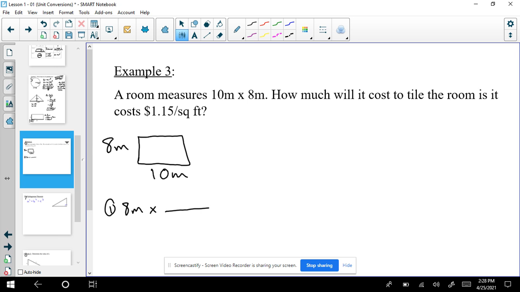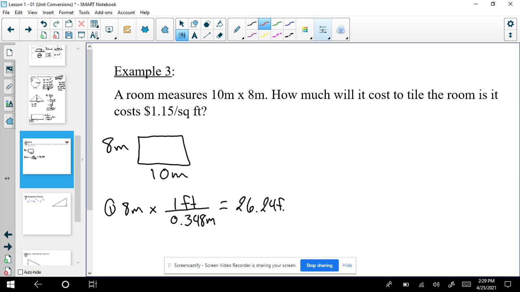So for every 1 foot, that's what we had found out, there's 0.3048 meters in it, which equals, if I do the calculations up here, 26.24 feet.